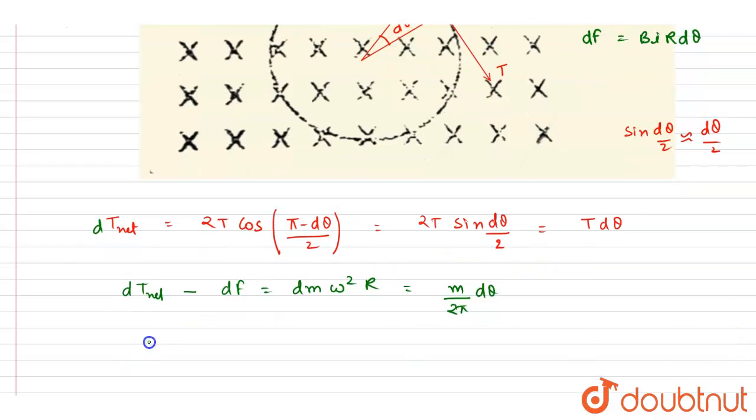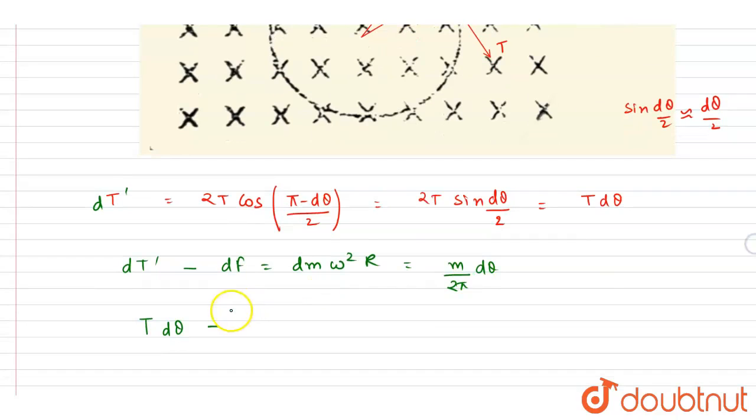Alright. So we will write down the expression here. We want this tension, so let me write this as T dash, the tension in the wire. So T dash minus the magnetic force, B I r d theta, is equal to m upon 2 pi d theta omega square r.